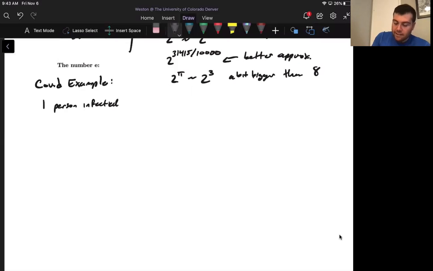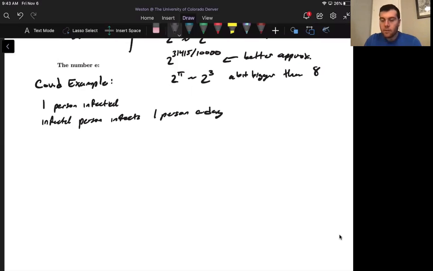And we say that an infected person infects 1 person a day. All right, so just choosing these numbers is going to make our computation a little bit simpler. All right, so our goal is to find a model that will say how many people we have infected on another day.